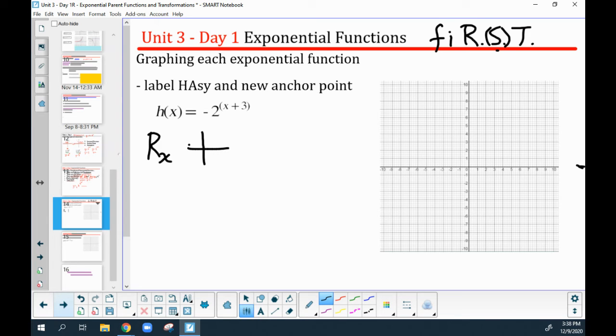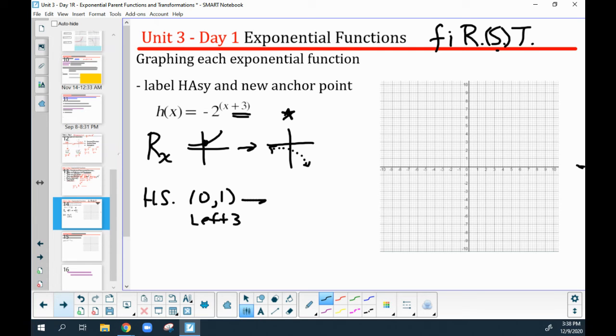So what happens is it used to look like this, but now we're going to change, and it's going to flip over here this way. The direction is going to change. So we've got to make sure we're paying attention when we graph to that little shape. We have, looks like, a horizontal shift. So that anchor point that used to be (0, 1) is going to move to the left 3.